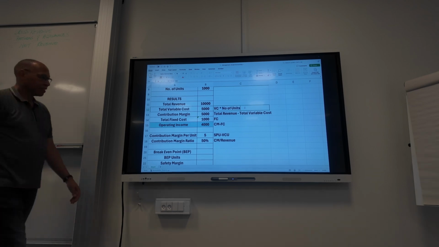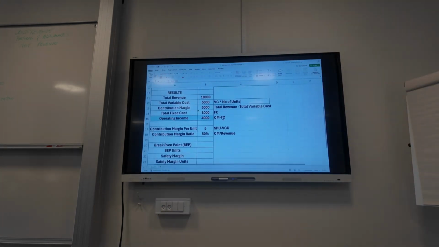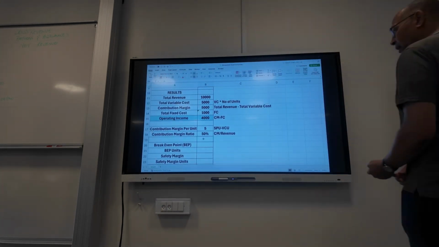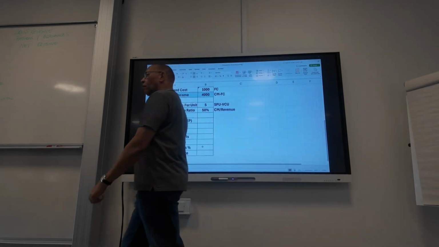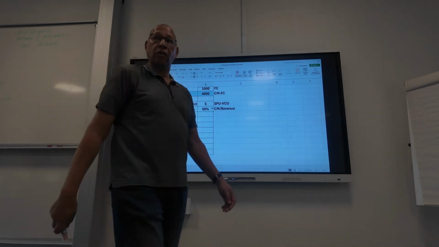Okay, is everybody here? Everybody's at contribution margin, right? We got a contribution margin ratio of 50%. If our contribution margin ratio is 50%, then what percentage is total variable cost?